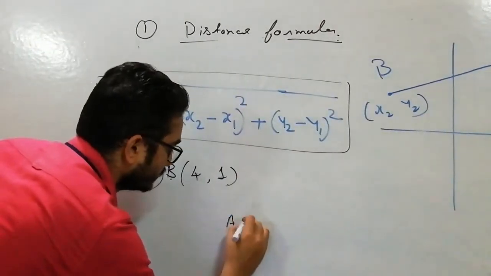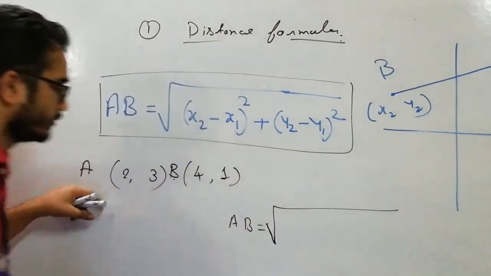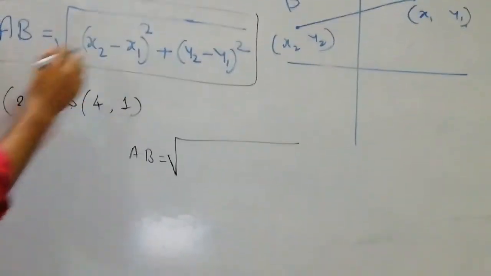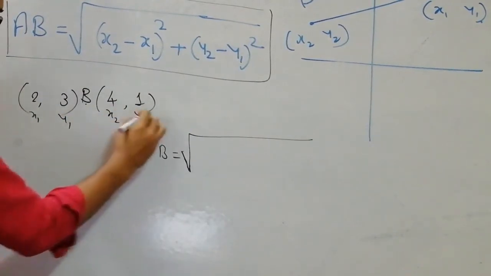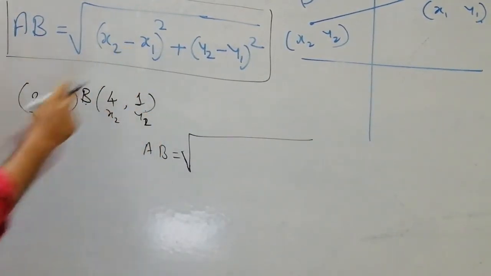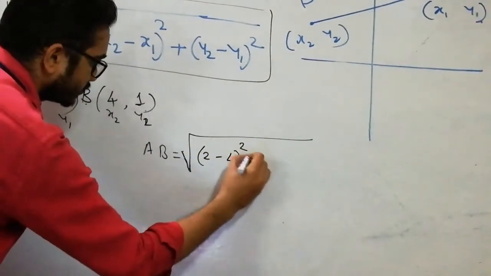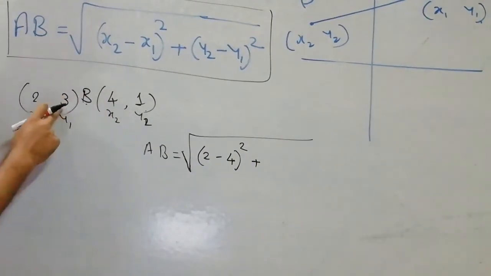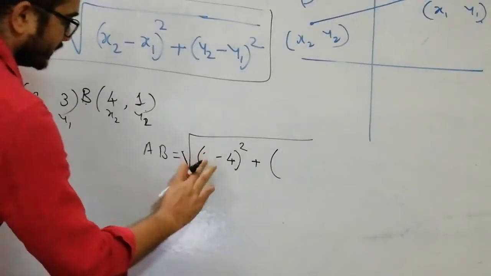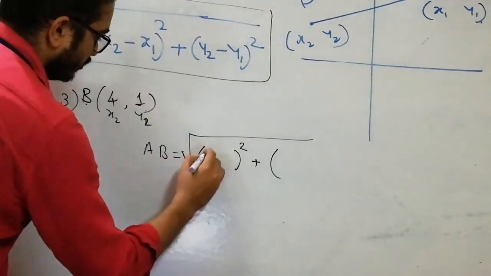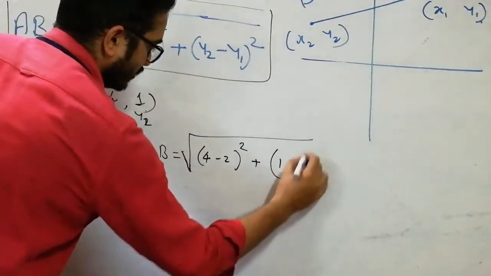So AB is equal to the square root of... this is our x1, y1, x2, y2. So x2 minus x1. So this will be 2 minus 4 whole square plus 3 minus 1. Or x2 minus x1, that will be 4 minus 2, and this will be 1 minus 3 whole square.